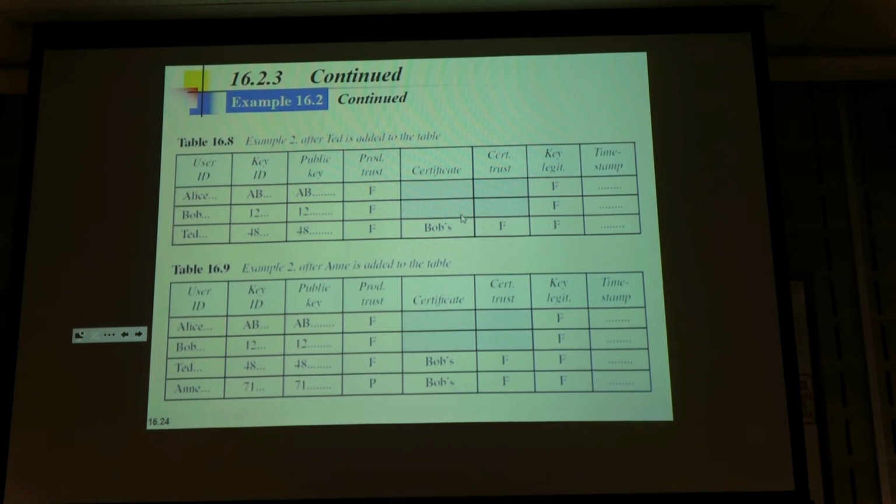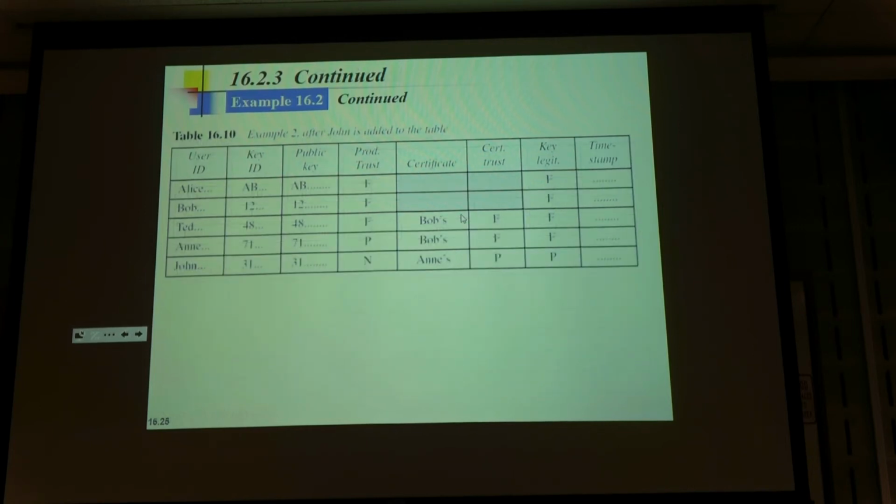Then we go to the next one. Now we're adding N. Alice adds N to the list. Alice partially trusts N. But Bob, who is fully trusted, sends a certificate for N. He sends a full certificate for N, then the key will become fully legitimate. And so on and so forth until the end.